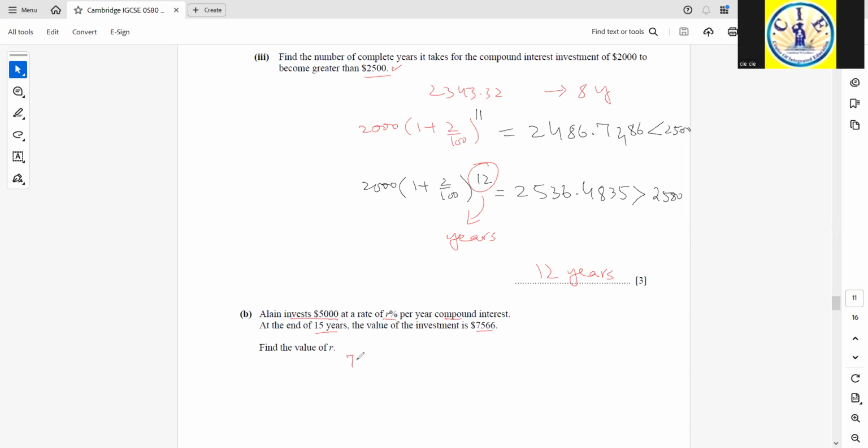So this is going to be 7566 is equal to the principal amount, that is 5,000, times 1 plus R percent raised to the power 15. Okay, now simplifying it, 7566 divided by 5,000 is equal to 1 plus R by 100 whole raised to the power 15.